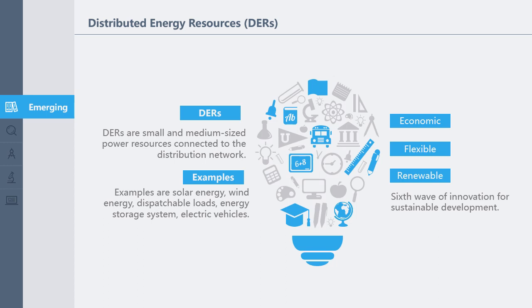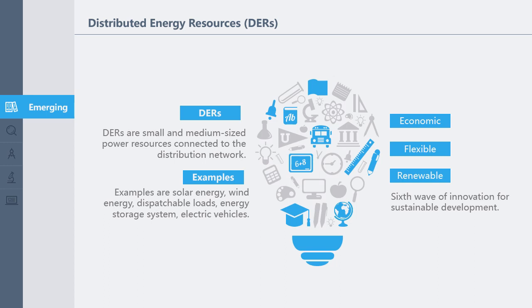Before the introduction of virtual power plants, distributed energy resources must be discussed first. DERs are small and medium-sized power resources in the power system. The examples include solar energy, wind energy, dispatchable loads, energy storage systems, and electric vehicles.